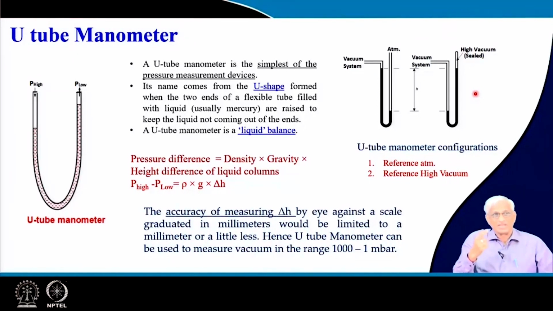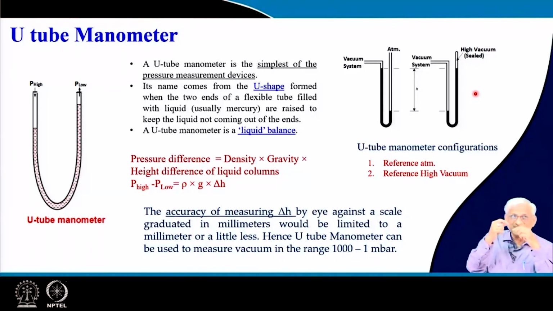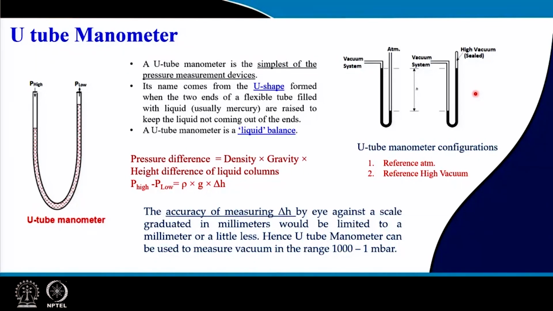With our naked eye, how much can we pick up the change in this height change, that meniscus on both sides? Maximum 1 millimeter, because most of the graduations are also in millimeters. Our eye cannot see below 0.1 millimeter.